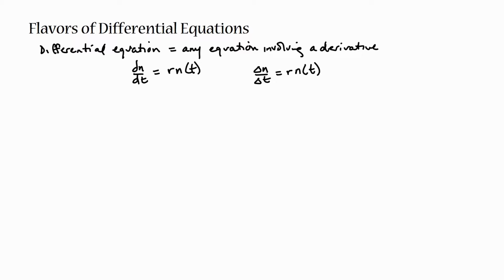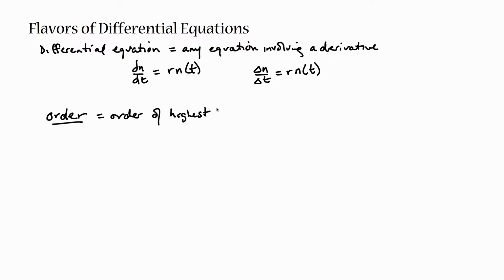When we talk about differential equations, we often talk about the order of a differential equation. We'll say first order differential equation, second order, third order, whatever. Those all just refer to the order of the highest order derivative in the expression.